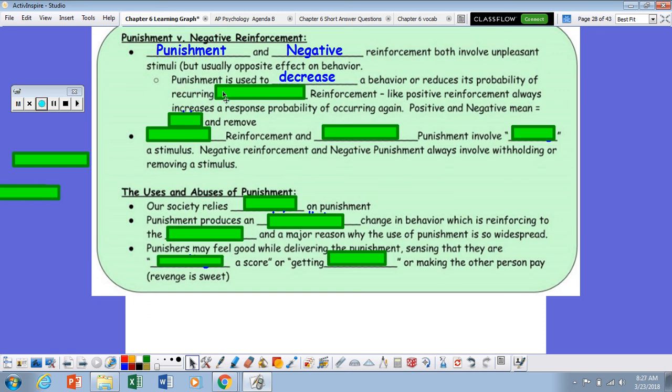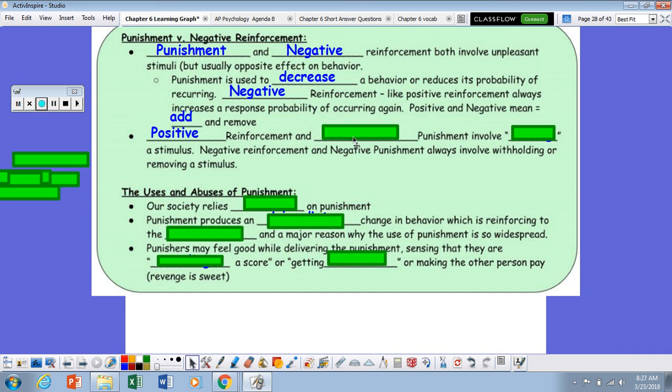If you go back to the example of touching the hot plate, if I keep getting burnt, I'm less likely to touch something hot, or I'm going to be thinking twice. With negative reinforcement, we want the behavior to reoccur, but we're taking something away. Anytime we talk about positive, we add, but anytime we talk about negative, we're removing something to get that behavior to repeat itself.